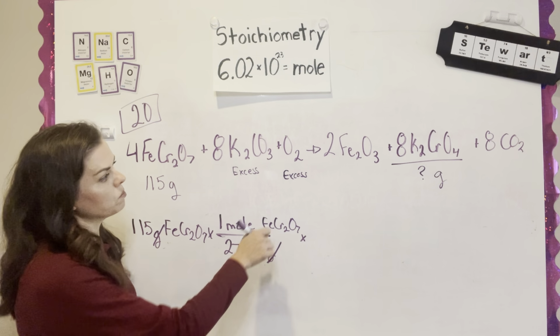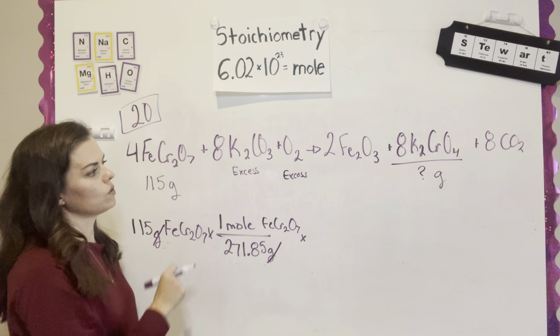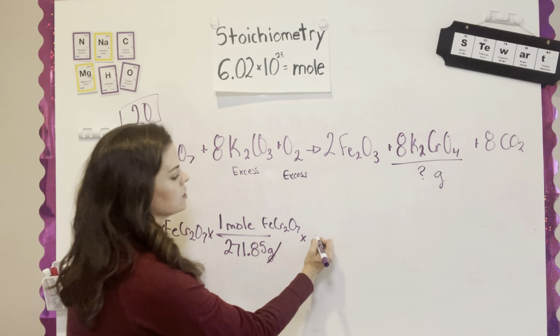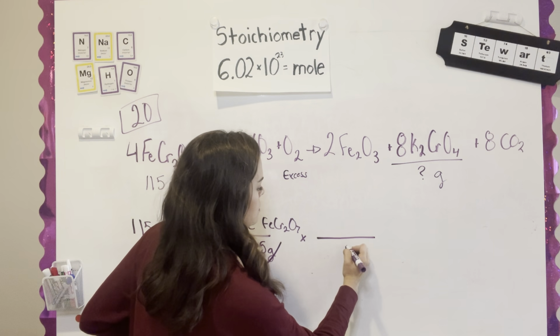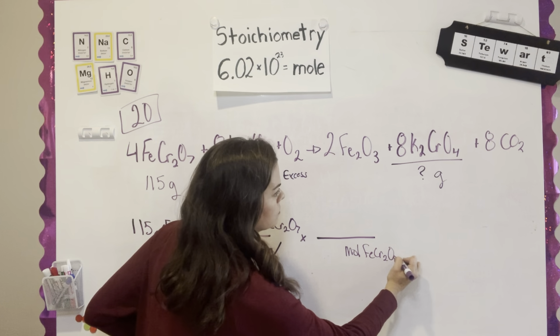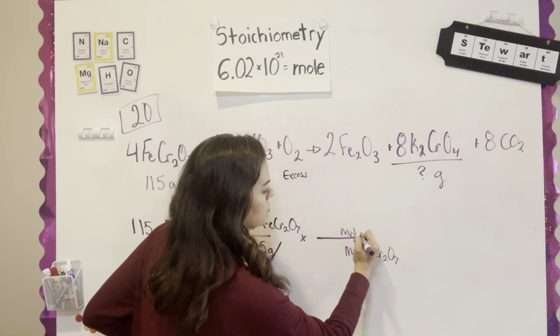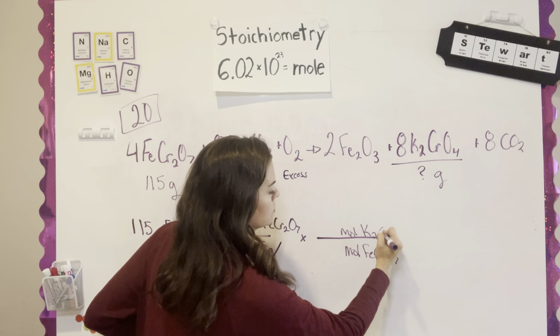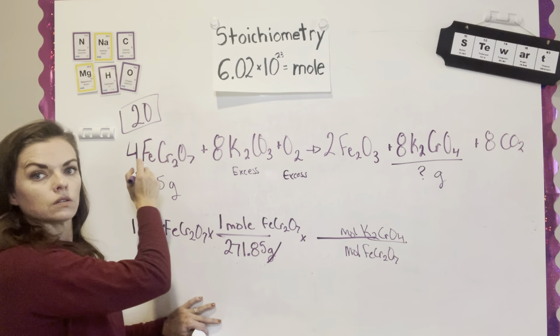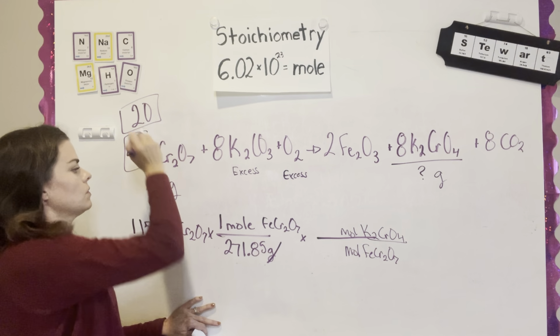So now that I'm in moles of FeCr2O7, I'm going to go to moles of the product. And so this is where you have to keep your units. So the coefficient here is a 4.